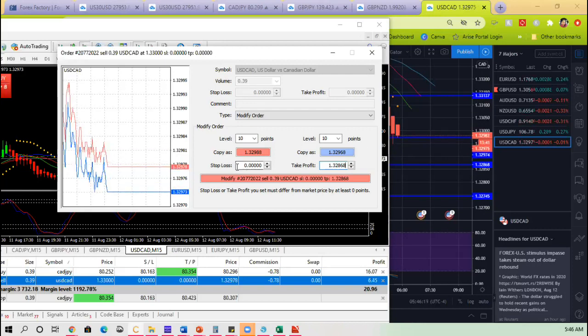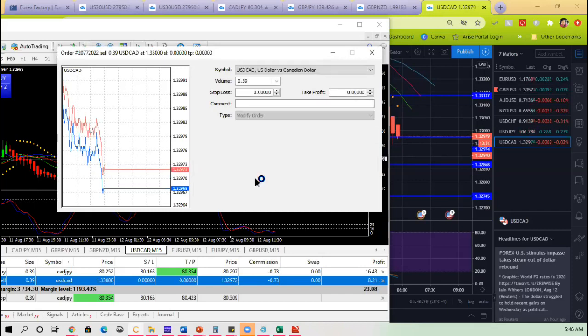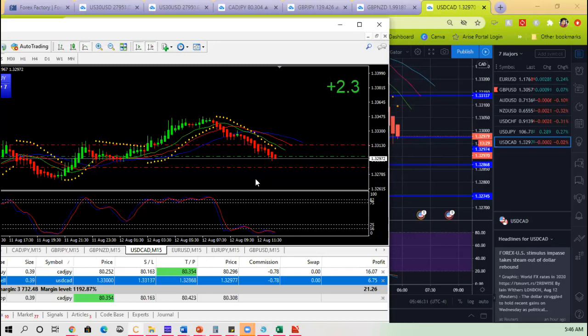Since we can see that number, we'll put that in, 1.33137, and modify our order. Okay, so here we've got our take profit, which is going to get us 13.2 pips. And here is our stop loss, right at that second PSAR.